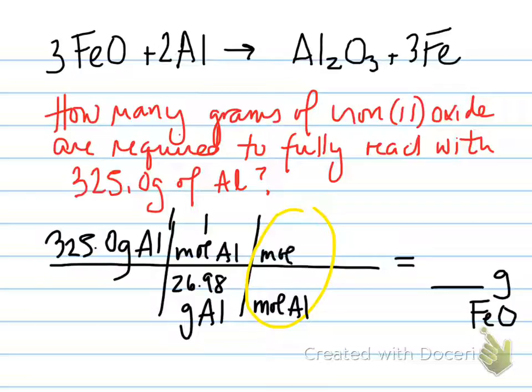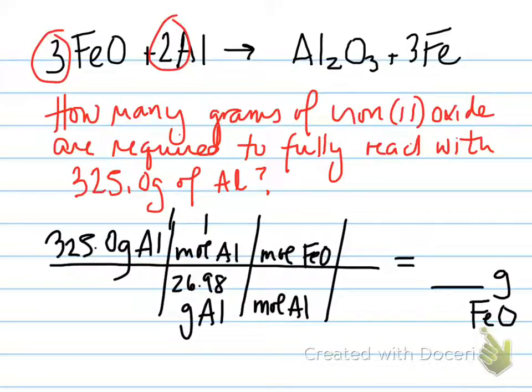So we're going to use moles of iron 2 oxide, and I'll get rid of my silly circle here. And what numbers am I going to put in here? Yep. So for every 3 moles of iron 2 oxide, we can react 2 moles of aluminum. Okay, last box.